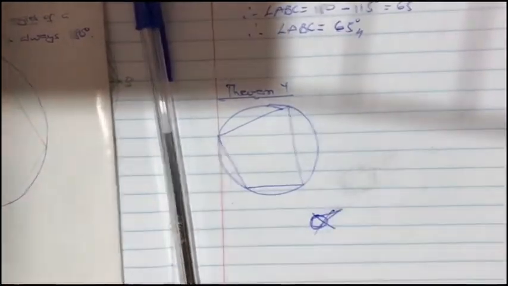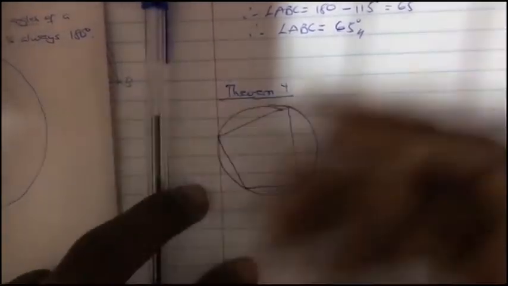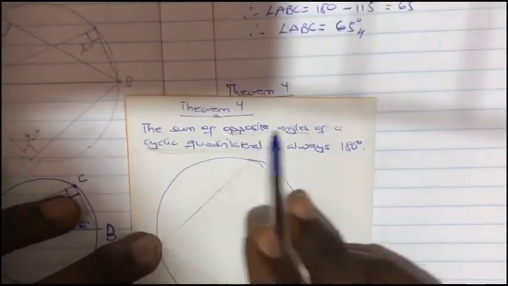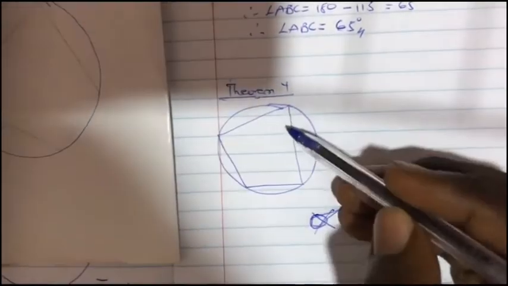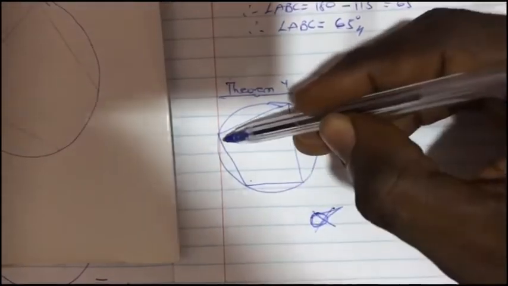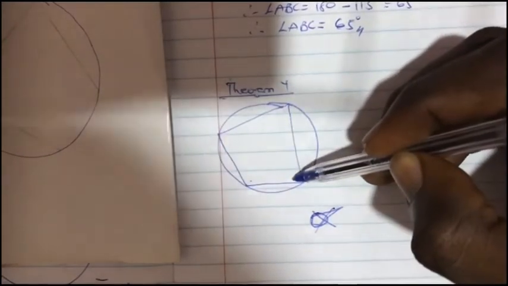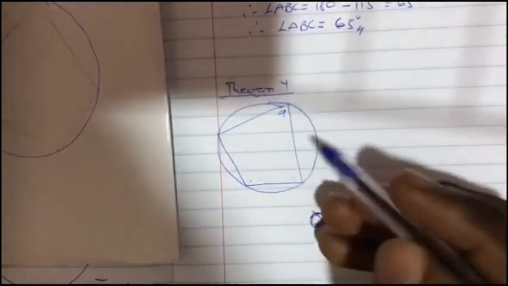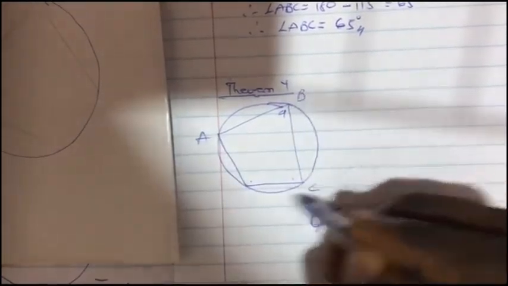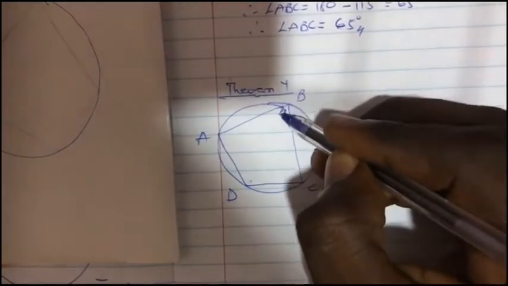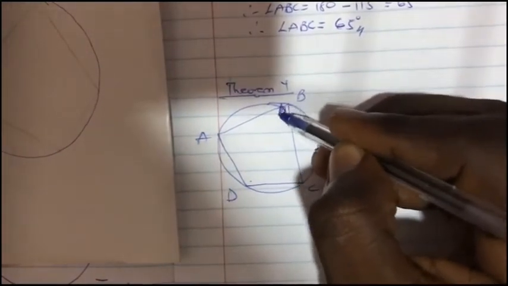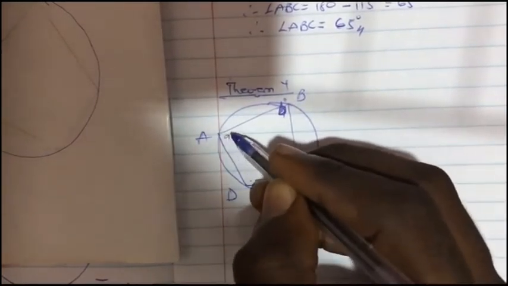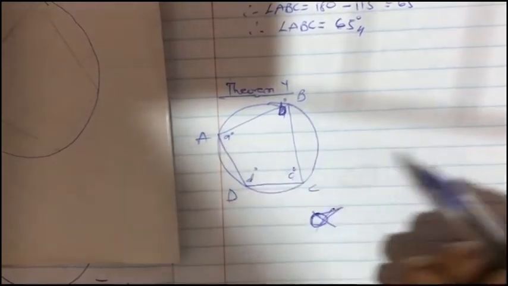So we are saying that the sum of the opposite angles. Another keyword here is opposite angles, so angles that are directly opposite. This angle is opposite to that angle, and that angle is opposite to that angle. Let's say we have a cyclic quadrilateral ABCD, with angles A degrees, B degrees, C degrees and D degrees.